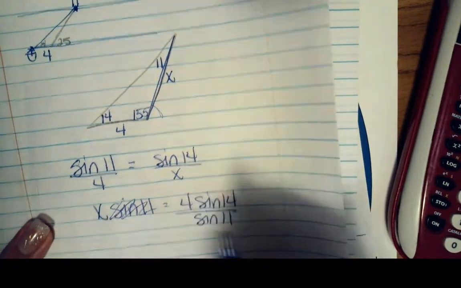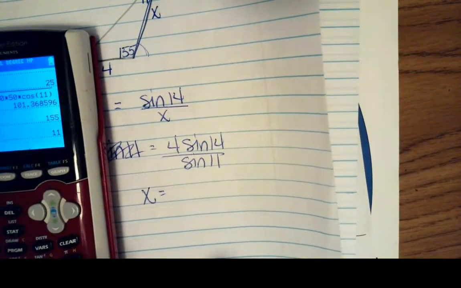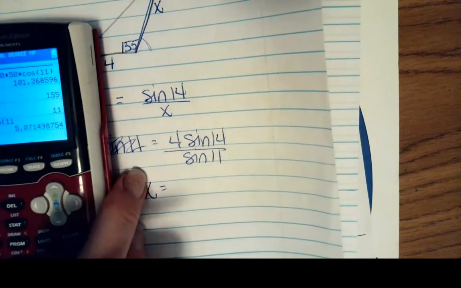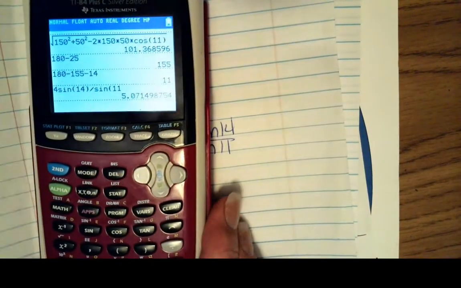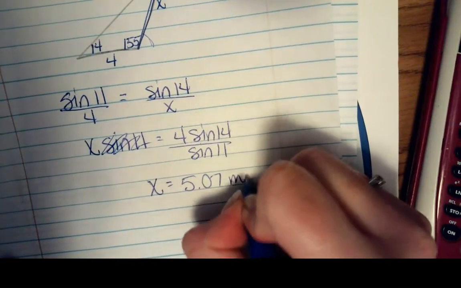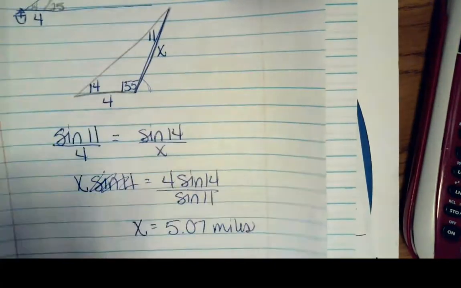And then divide both sides by the sine of 11. And I get that my boat is 4 sine 14 divided by the sine of 11, about 5.07 miles away. Make sure you're in degrees. 5.07 miles away from the lighthouse is what this distance is.